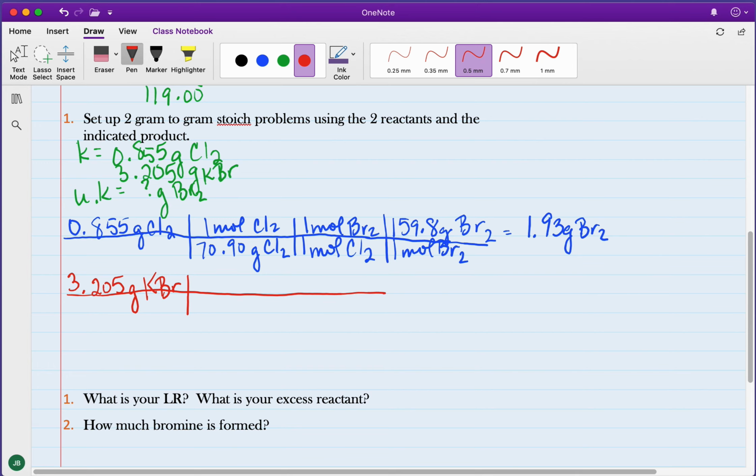And our molar mass of potassium bromide is going to be 119.00 grams for every 1 mole of potassium bromide.